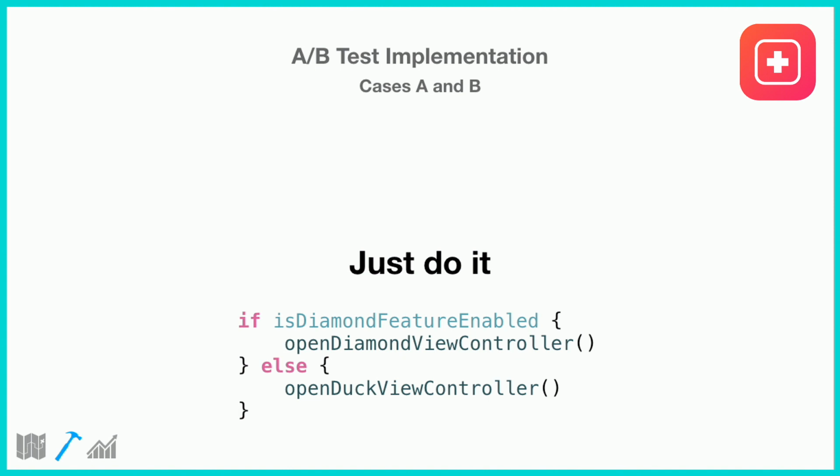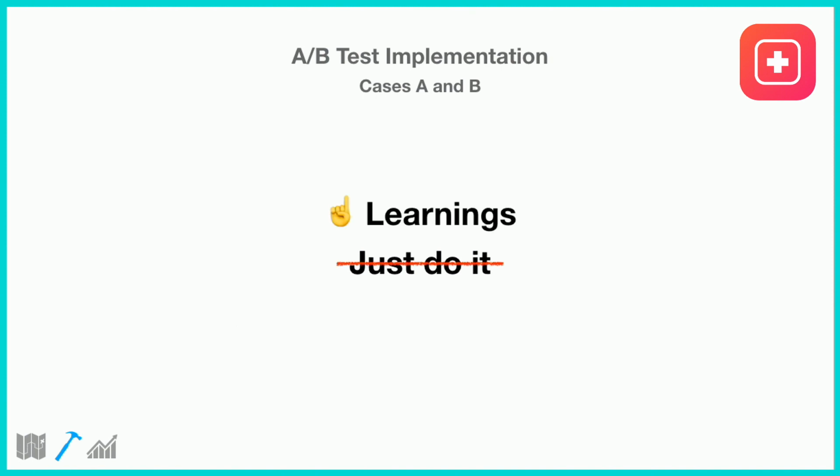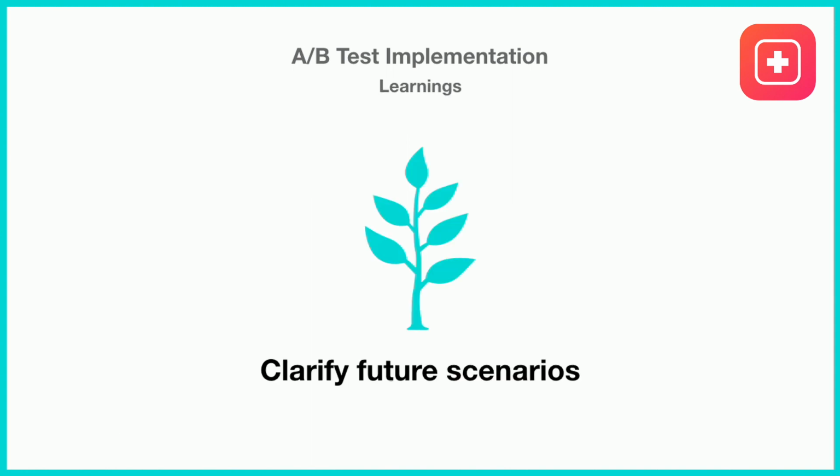And during this journey from the first A/B test to 20 of them, we got some learnings which I would like to share. The first learning is that you need to clarify all scenarios. What does it mean?